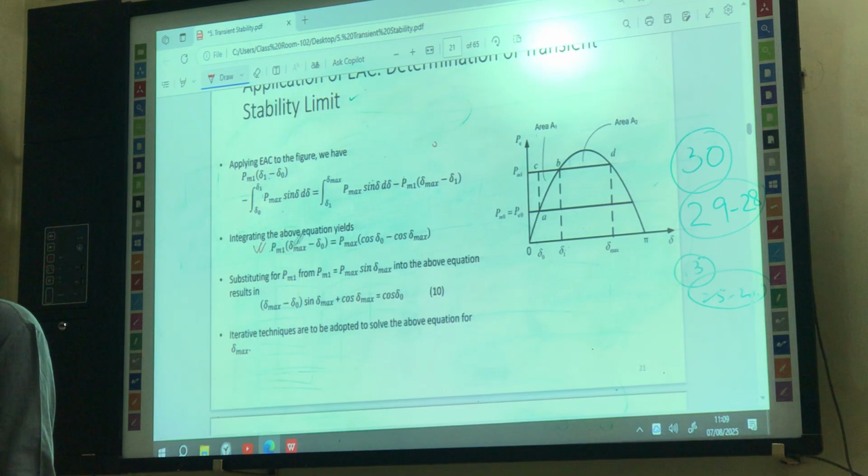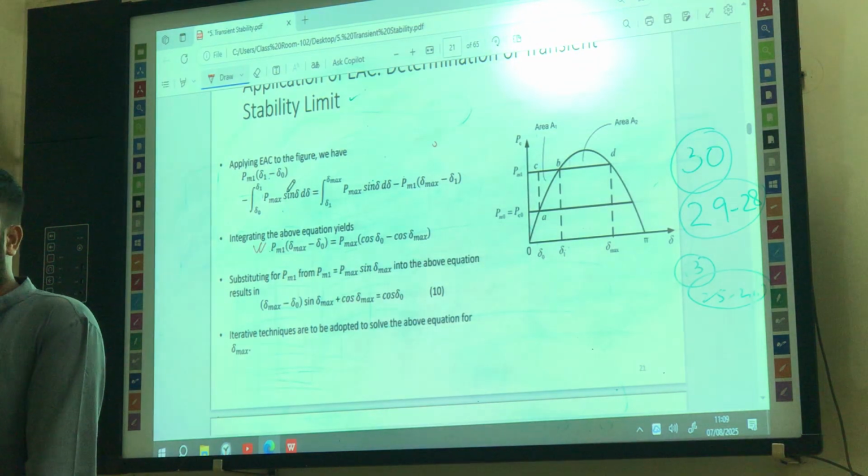I think you can calculate it on your own, right? You have to just do the integration here. Pmax is the constant. So for sin delta, after integration it will be minus cos delta, right? Then you have to place the limits. Then on this side also minus cos delta, then place the limits. Then change the sides. Then finally you will get this thing.